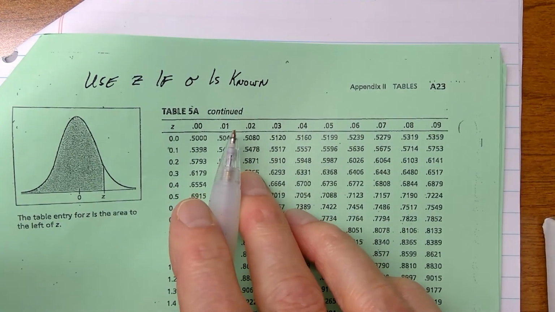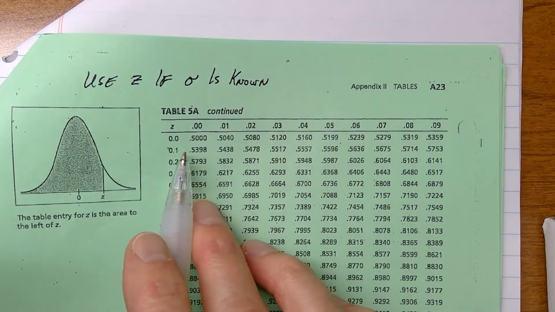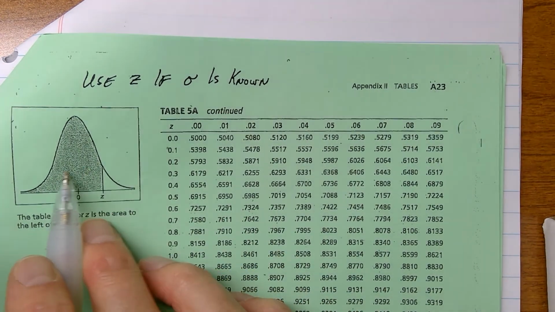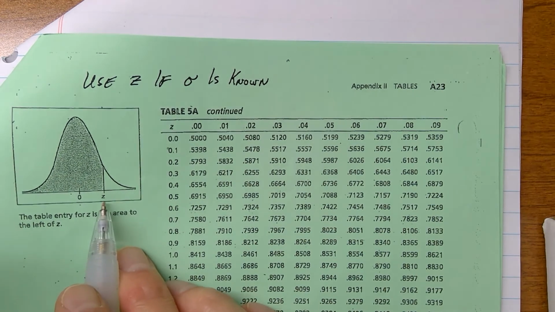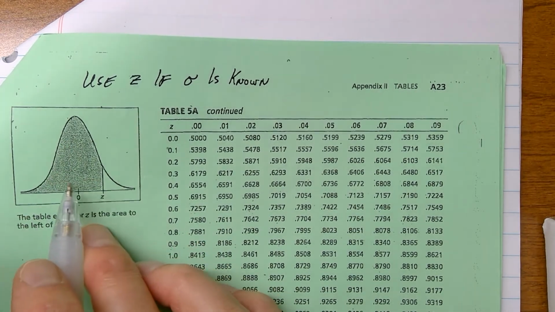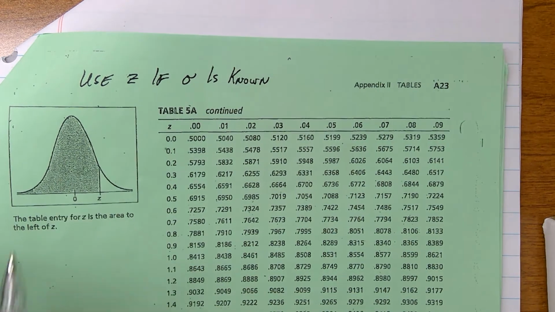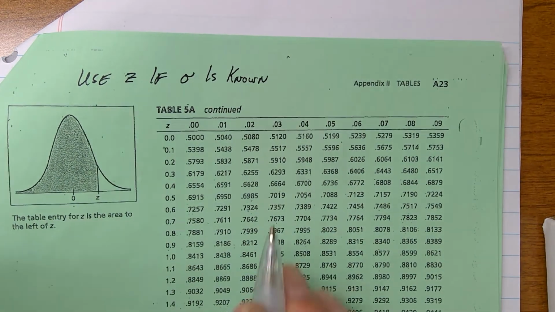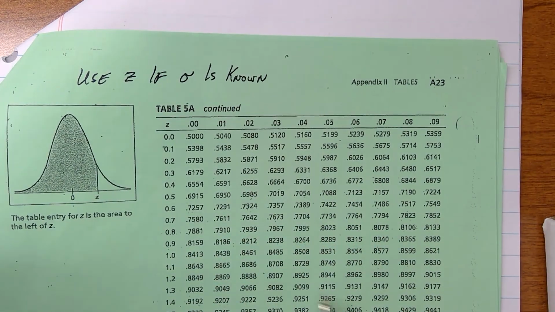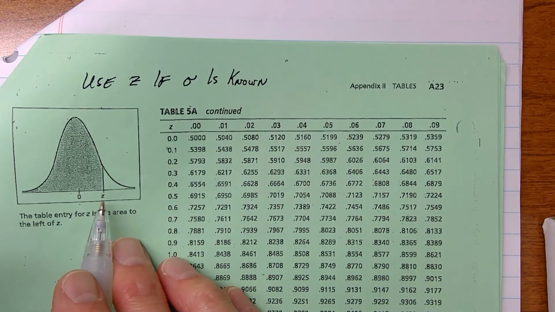All right, here's our friendly little Z table that I told you was coming. So our Z table tells us the area to the left of whatever Z number you tell it, all right? You just tell it the Z number, and some nice person has already calculated this shaded area for us. So we don't have to do any math or anything. All of these numbers in the table are areas to the left of any Z that you can think of.